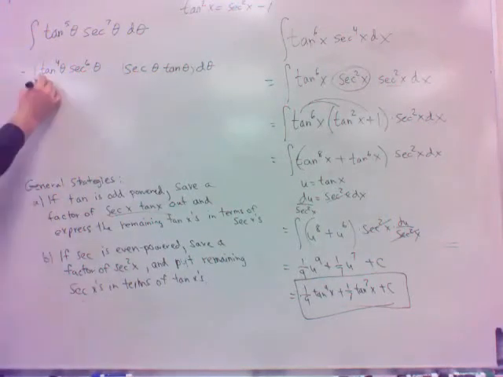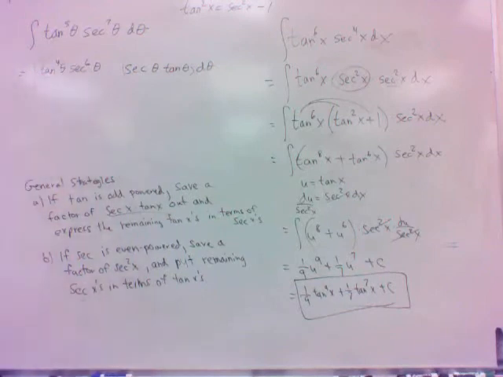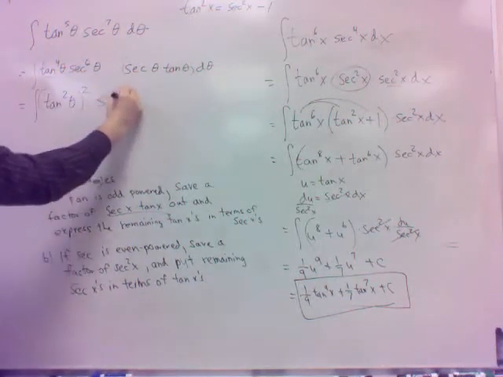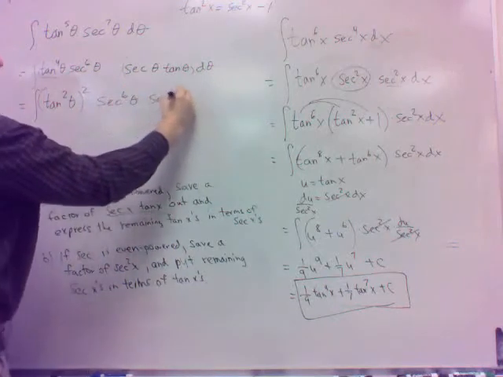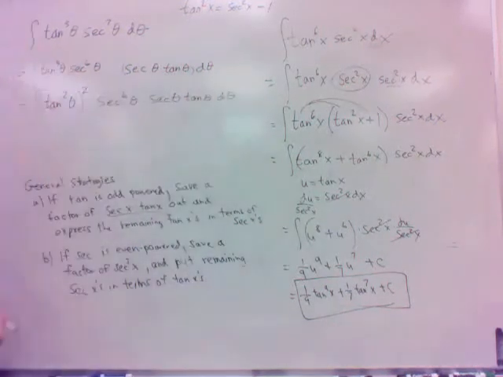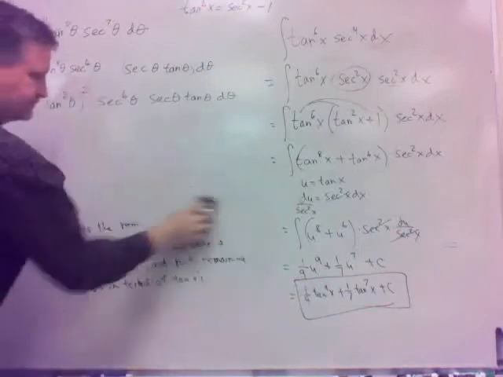So, I've got tangent to the 4th. What am I going to do with that? Tangent squared squared, yes. I'm going to say this is tangent squared theta squared, secant 6 theta, secant theta, tangent theta, d theta. I'm going to think of that 4th as squared squared.